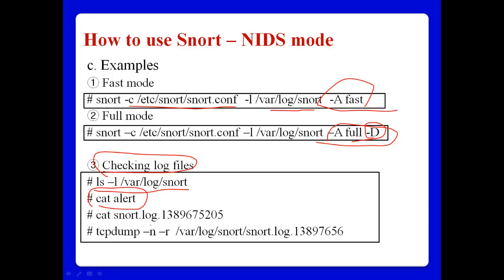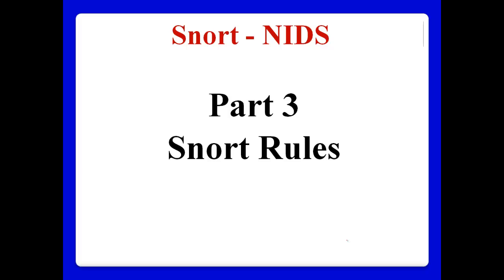If we want to see the log file directly, we can read this kind of Snort log file. And sometimes you can find the file format is TCPdump. Then we use the option -r, and we can read this kind of Snort log file using TCPdump as well.